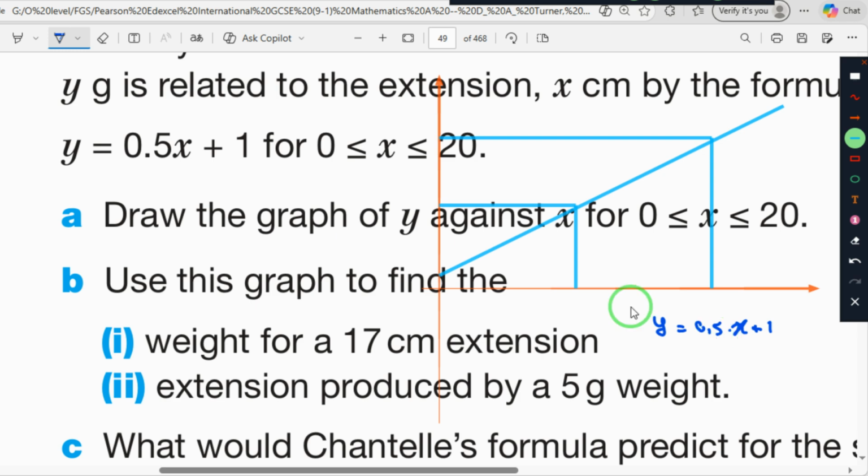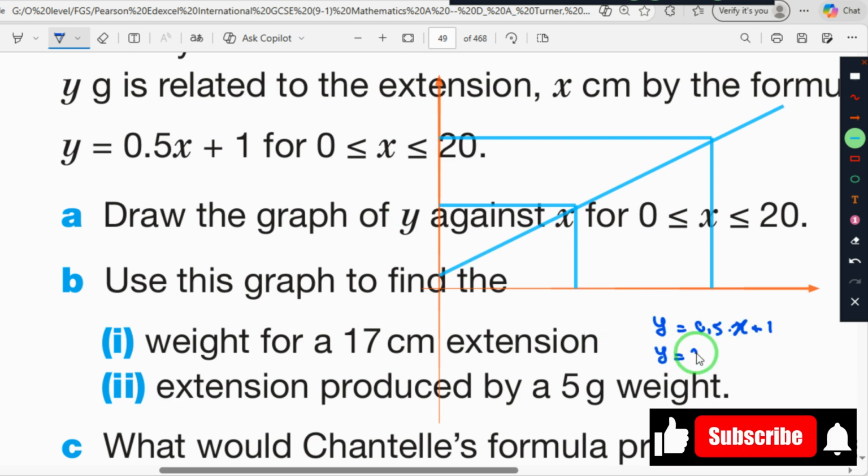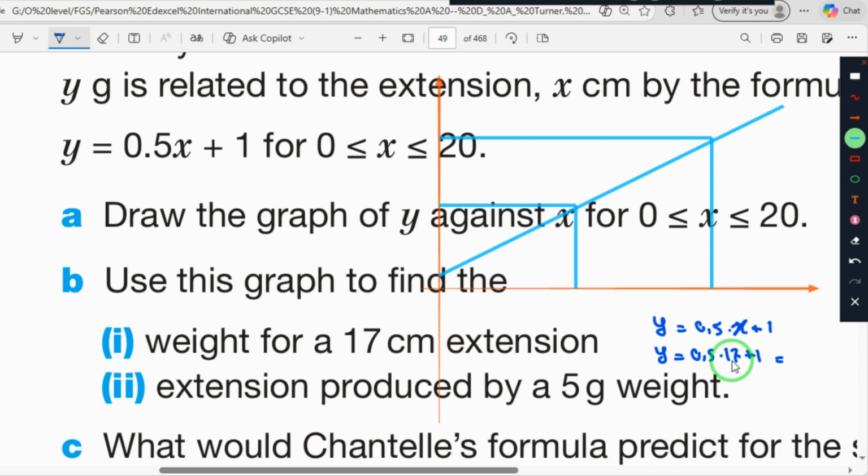Instead of x we put 17, y is equal to 0.5 multiplied by 17 plus 1. 0.5 multiplied by 17 gave us 8.5 plus 1. So it becomes 9.5 gram.